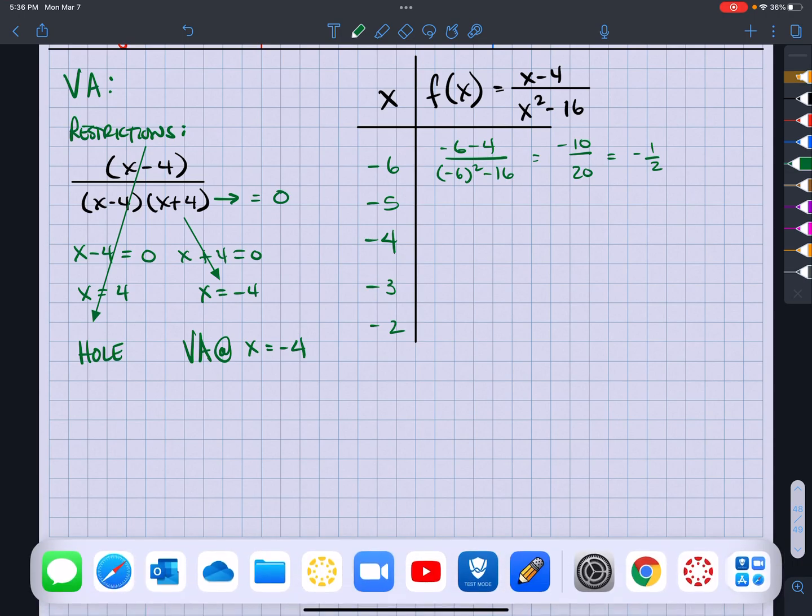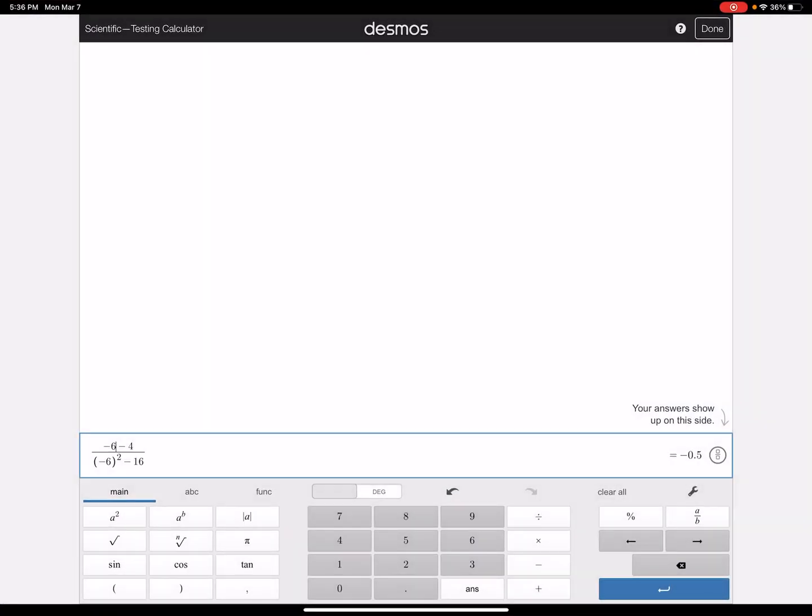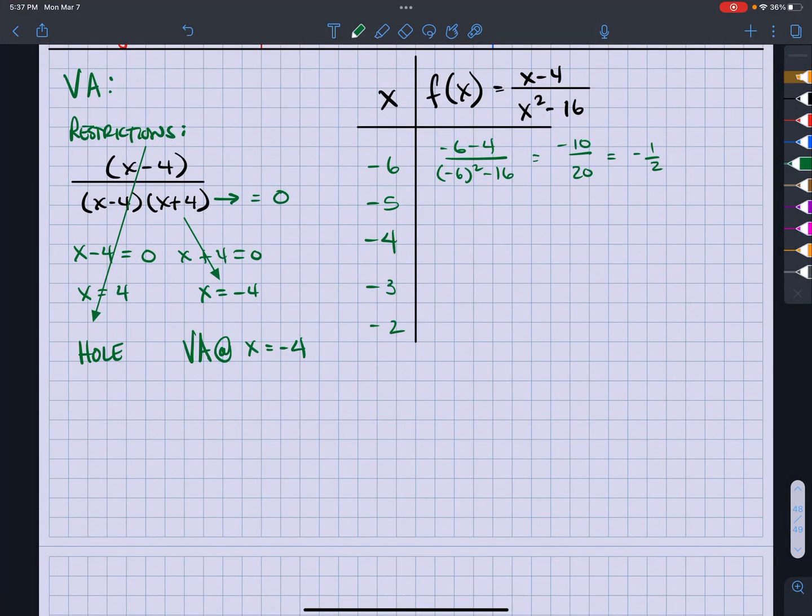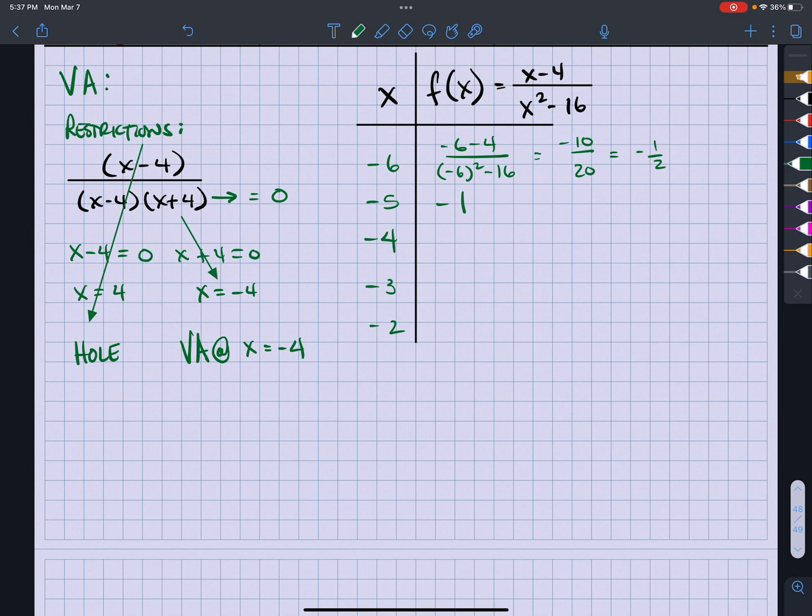Okay, and then what we can do is go back and change these to negative 5, and we get negative 1. And negative 4 is where the vertical asymptote is.